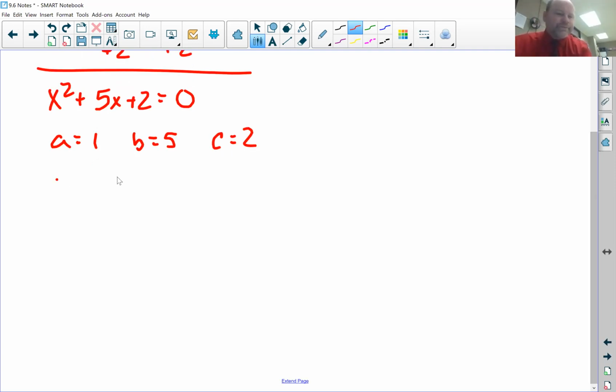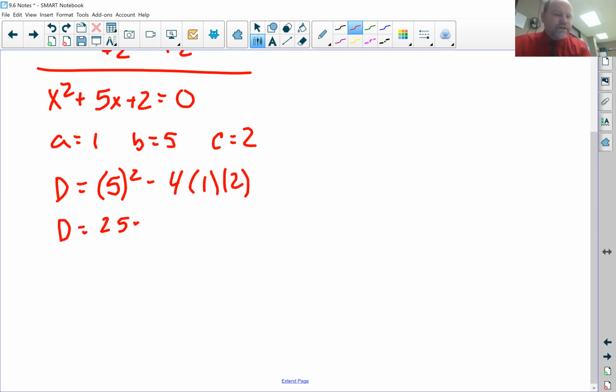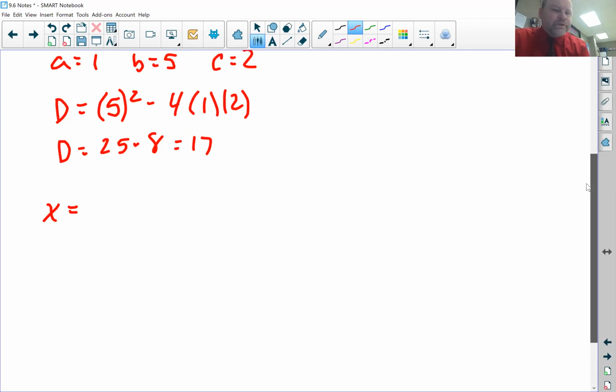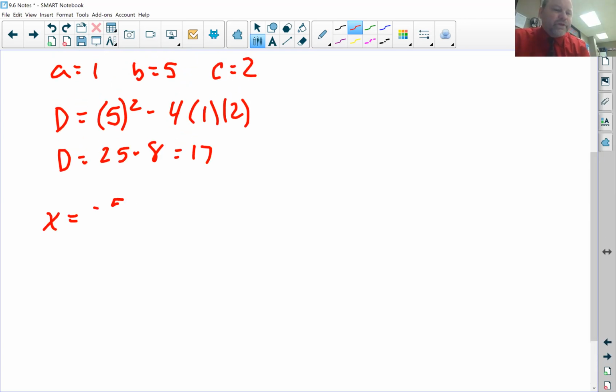The discriminant, 5 squared minus 4 times 1 times 2. 25 minus 8, which is 17. So my solutions, the opposite of B, so -5 plus or minus the square root of 17 over 2 times A.